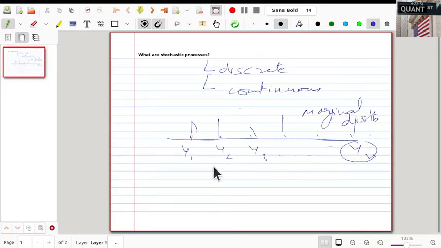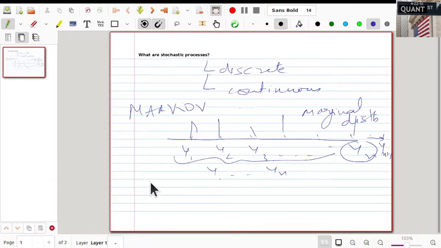Now this process will be called Markov or Markovian if the conditional distribution of the subsequent value yn plus 1 given y1 up to yn equals the distribution for yn plus 1 given yn.